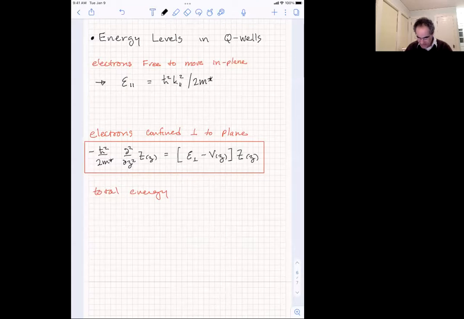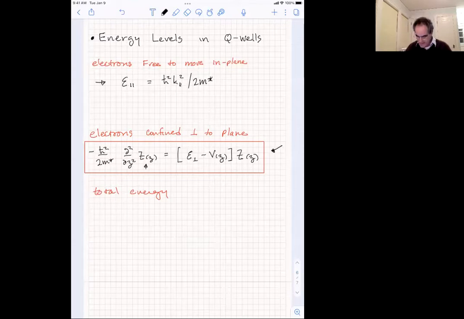On the other hand, the electrons are confined perpendicular to the plane. And what we found is that the part of their wave function that describes how the wave function varies in the z direction, we called it zeta of z, obeys something that looks like Schrodinger's equation for a one-dimensional problem.